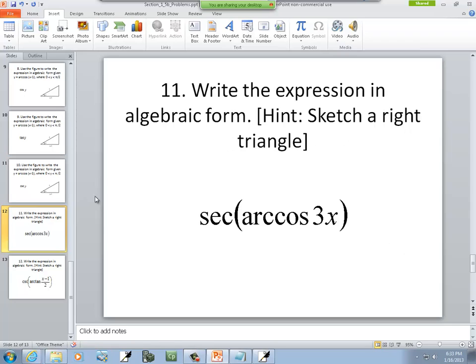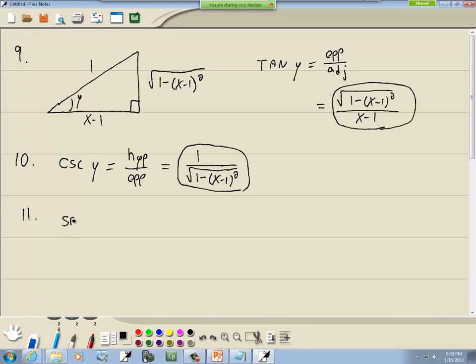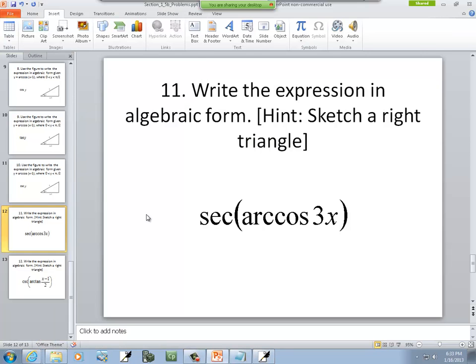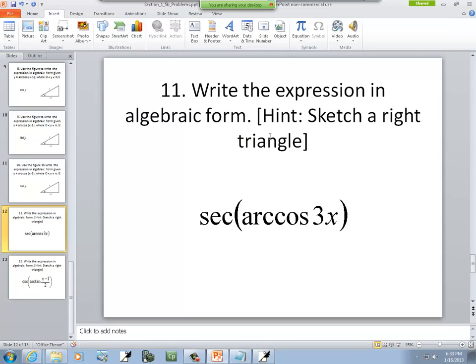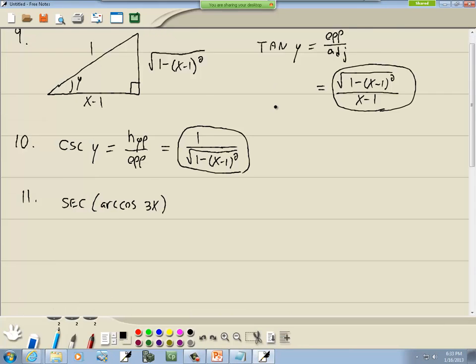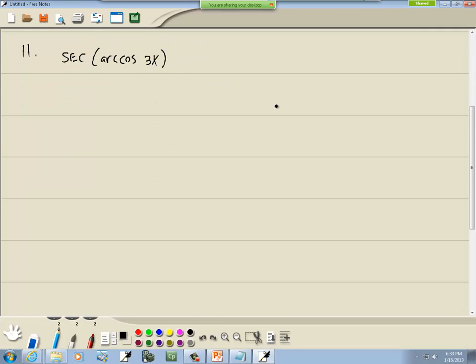Okay, let's take a look at number 11. We got secant of arc cosine of 3x. And it says write the expression in algebraic form, hint, sketch a right triangle. And so let's start with what's inside the parentheses here.